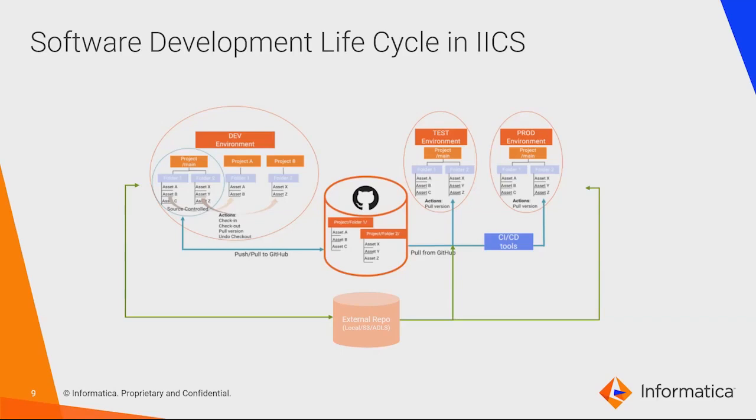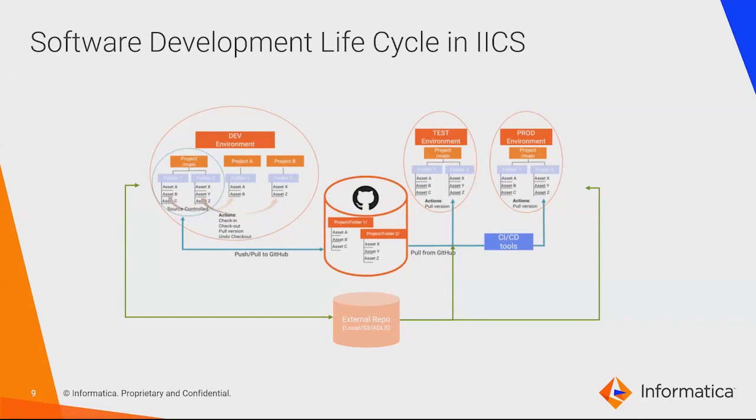They can create different project folders, or a hierarchical directory structure, and save all those assets in there. And once they complete the development activities and the unit testing, they can deploy these assets into the test environment, or if they don't have test, they can directly deploy in the production environment.